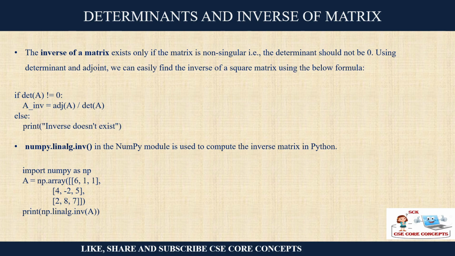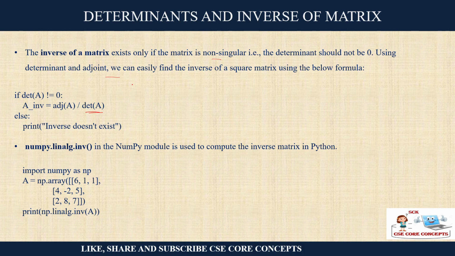Now, if you want to find out the inverse: what is an inverse of a matrix? It will exist only if it is a non-singular matrix. So you need to revise your mathematical knowledge, right? The determinant should not be 0 because you divide by the determinant. So determinant and adjoint, we can easily find.